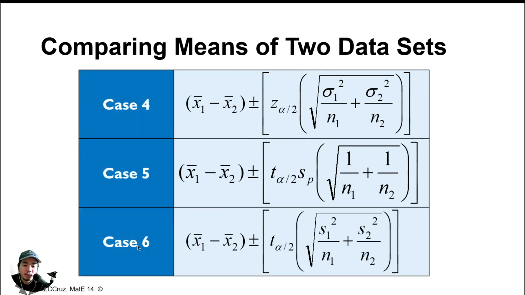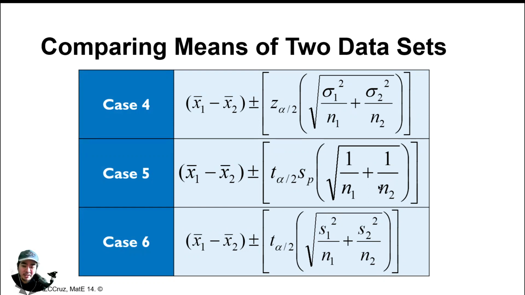Tapos last, yung case 6 is yung difference in the mean of the two data sets is within plus minus t of alpha over 2 multiplied by square root of S1 variance over N1, and this is a sample variance, plus sample variance of the second data set over N2.